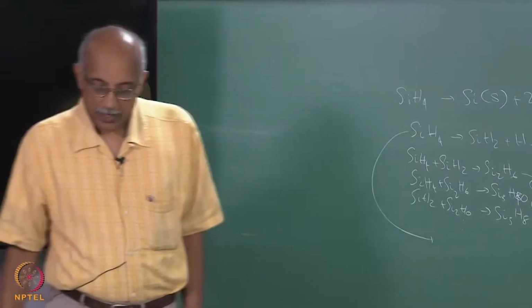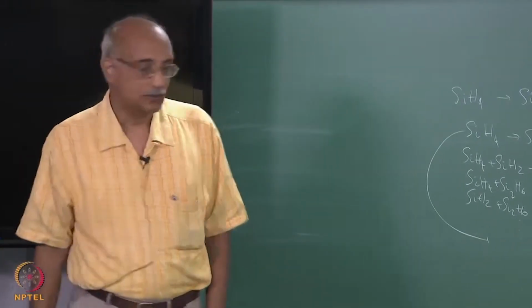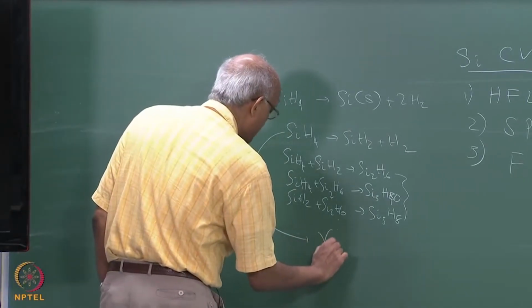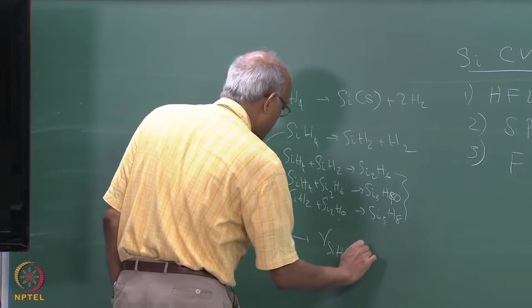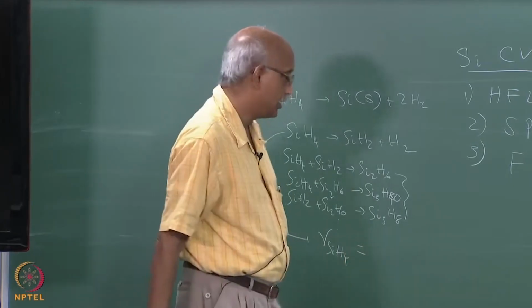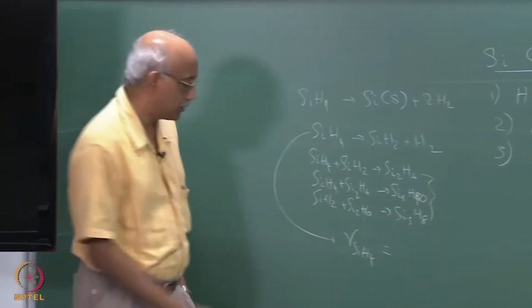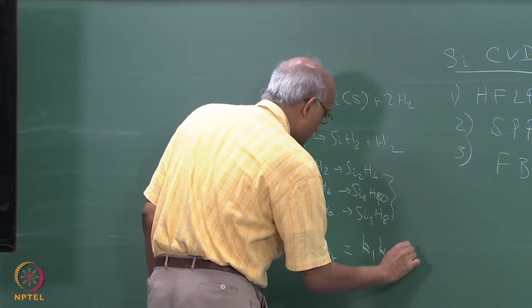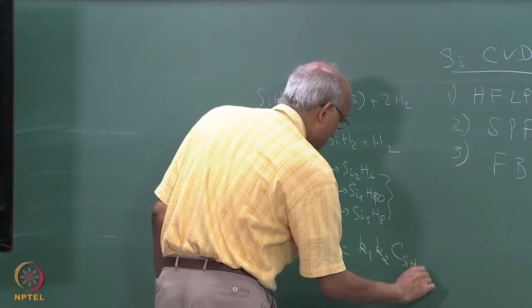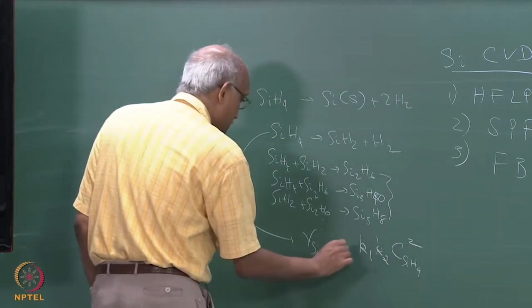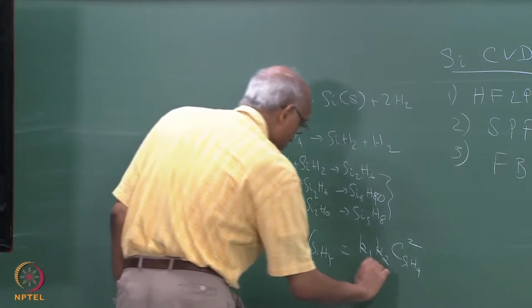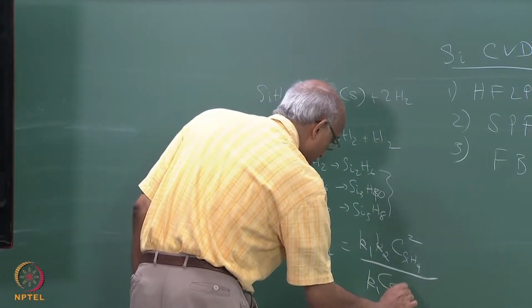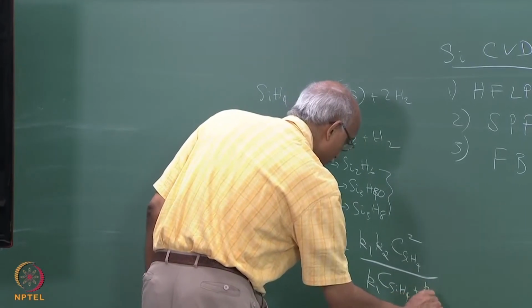H2, that reaction has also been studied in some detail, and the reaction rate term corresponding to that has been written in the form of K1 K2 times C SiH4 squared, so it is minus r SiH4 equals K1 K2 C SiH4 squared divided by K1 times C SiH4 plus K2.